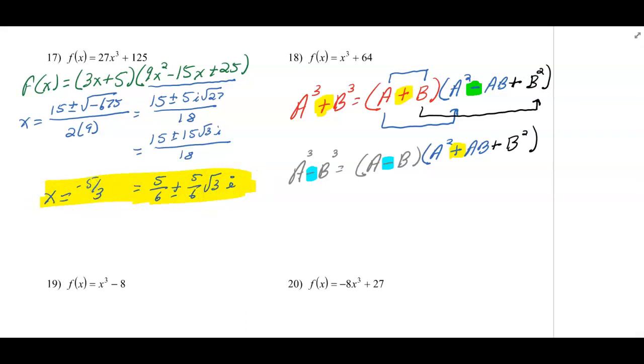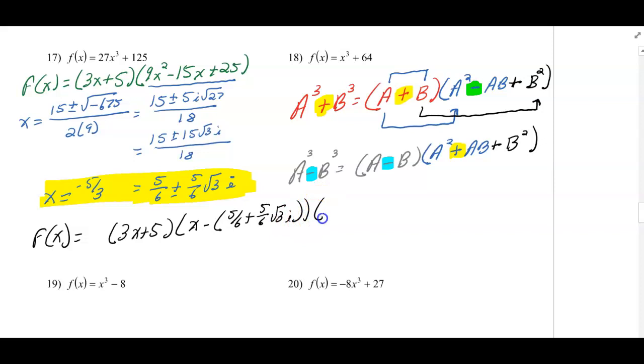I also wanted to completely factor this function. So f of x is going to be equal to 3x plus 5 times x minus the quantity 5 over 6 plus 5 over 6 root 3i times x minus the quantity 5 over 6 minus 5 over 6 root 3i.